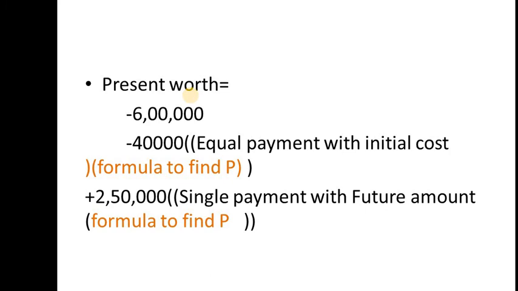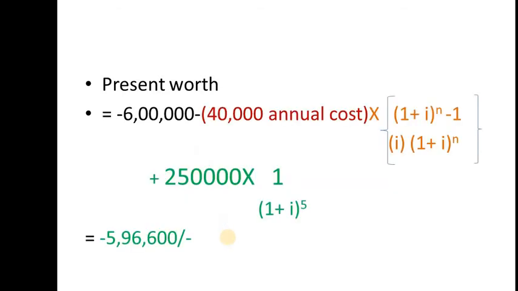I have to calculate 2,50,000, which is plus. Why is it plus? Because after 5 years I'll discard the material, which means they'll give me 2,50,000. But that 2,50,000 I will get only after 5 years. But present worth only I am calculating, right? So I should find the formula to get P. So we'll see the formulas now. Yes, these are the formulas.